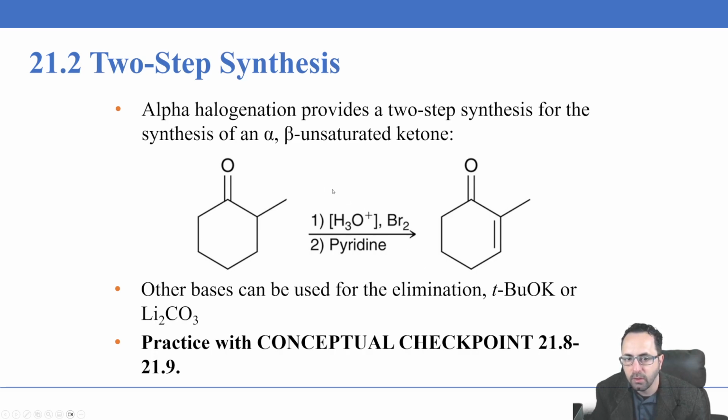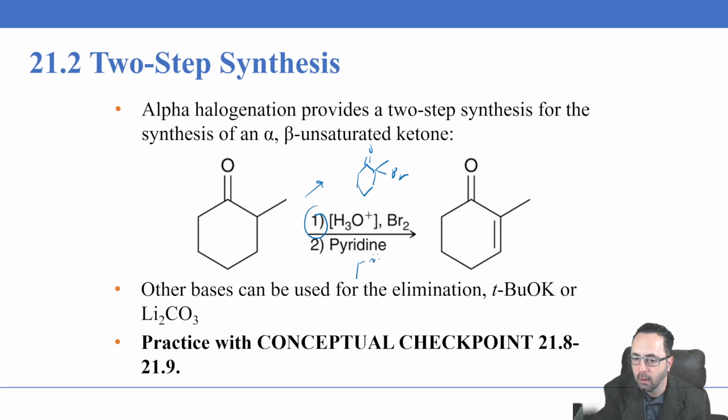So this alpha halogenation also provides a two-step synthesis for the formation of an alpha beta unsaturated ketone. So what we do is this first step, and at the end of the first step, we're going to get this alpha halogenated ketone. And at that point, if we have a base, we can do an elimination here, in this case, the base being pyridine. Remember pyridine, this is an important structure to remember, its common name.